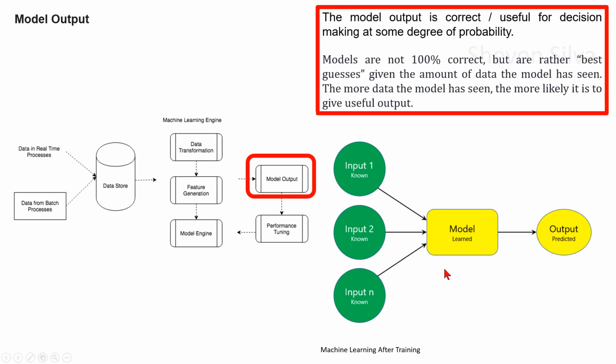This uncertainty arises from the model. In prediction mode, we still have known inputs that are fed into the model. Here you can see the inputs, which are known, moving to the model, which is learned, and the model provides output, which is predicted.